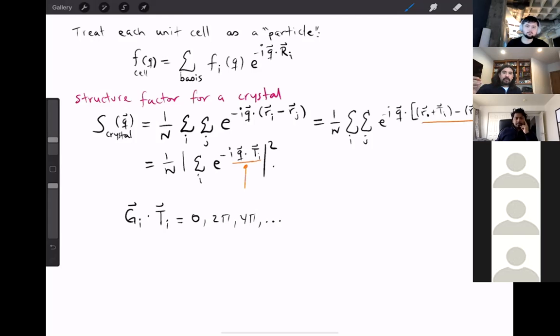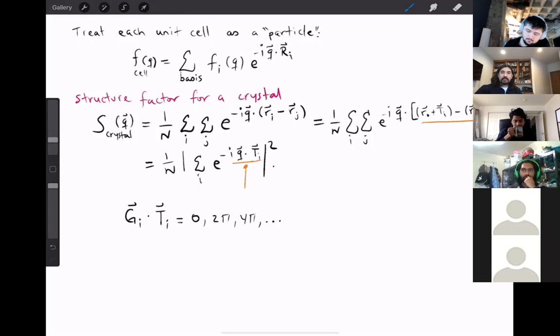Those are actually the only ones that work, because if you had any other values for the Q, then you're going to get zeros. Like let's say you had 0, pi, 2 pi, 3 pi, 4 pi, then you're not getting 1, 1, 1, 1, 1, right?